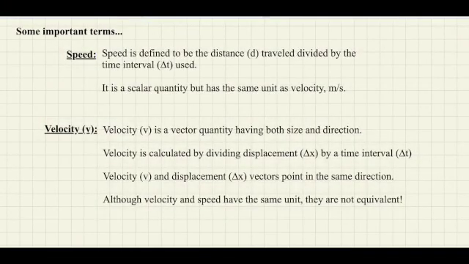Here are some important points from this lesson. Speed is defined to be the distance traveled divided by the time interval used. That is, I would calculate speed using the following equation.